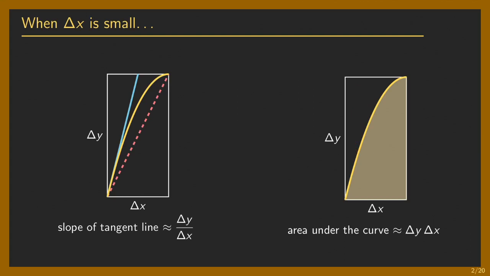So basically, what we can observe is that getting slopes of tangent lines involves division, while getting areas under curves is basically obtained using multiplication. Now, because division and multiplication are inverse operations, it is not surprising that the operations differentiation and integration are also inverse operations in some sense.